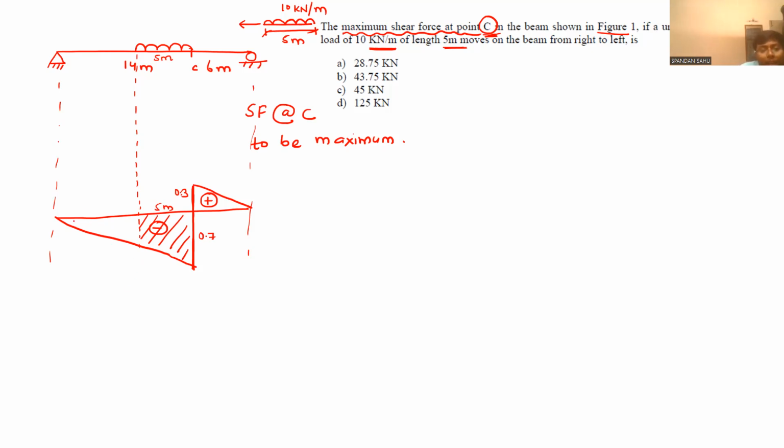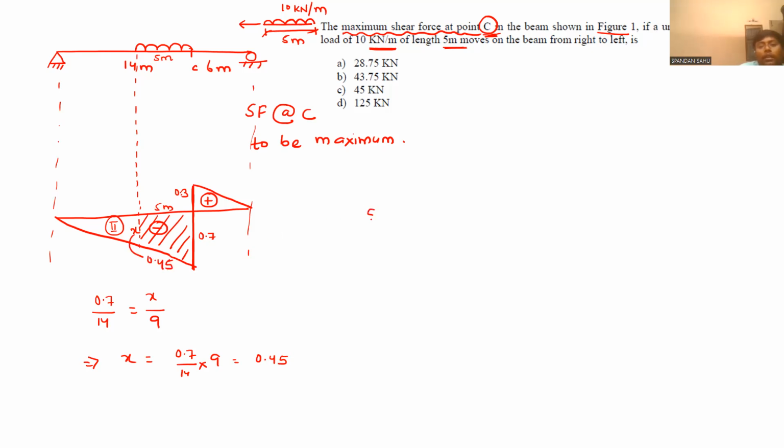Take the big triangle and this small triangle too. We can write 0.7 by 14 equals, suppose this is x, x by 9. So we get x equal to 0.7 by 14 into 9. So it will be 0.45. So this ordinate is 0.45.